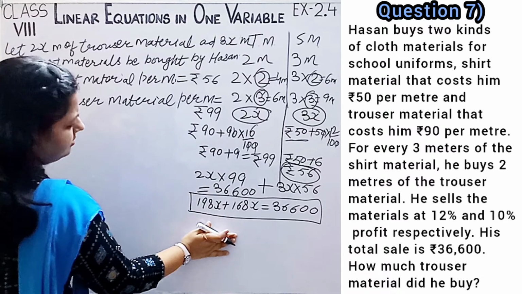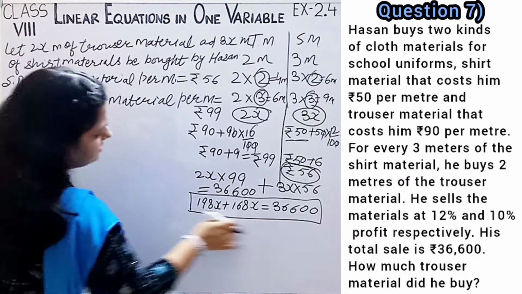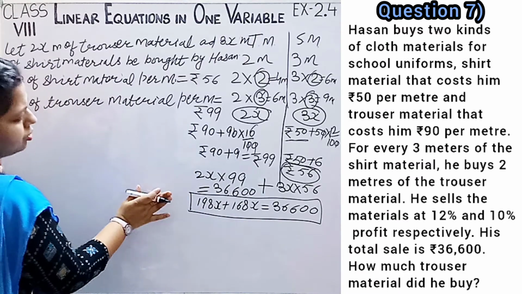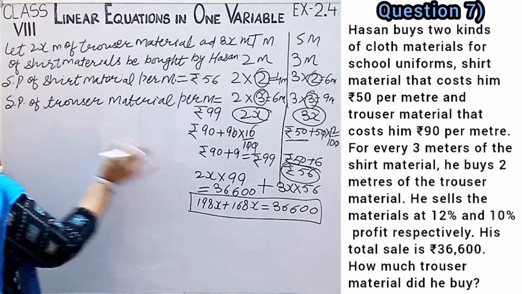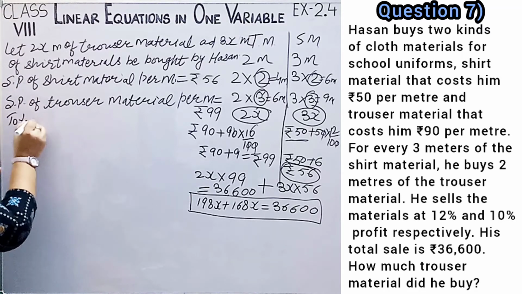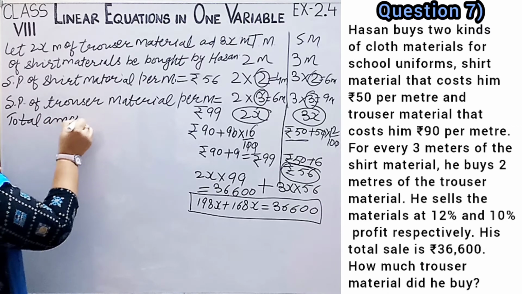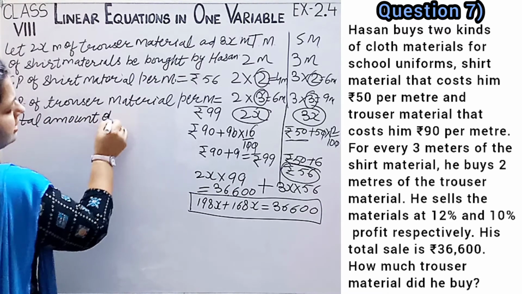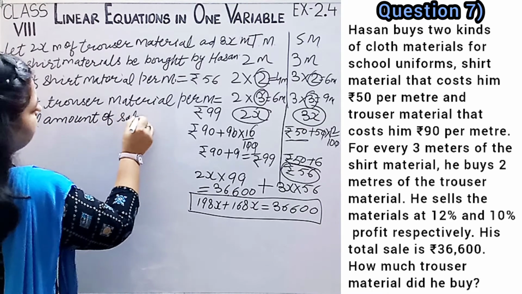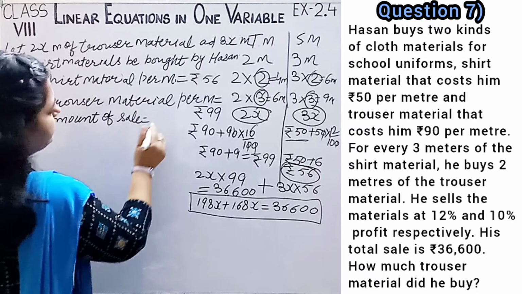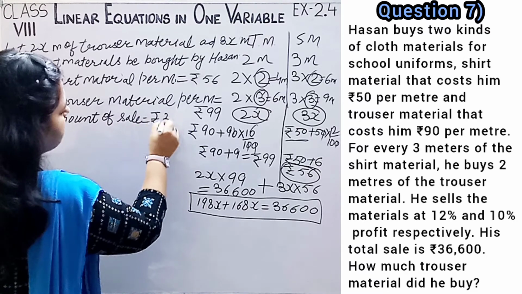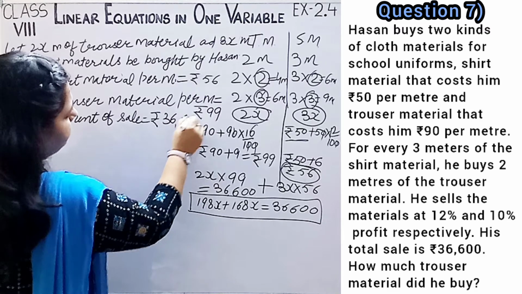According to our question, we have this part here. So total amount of sale, which is given in our question, is 36,600.